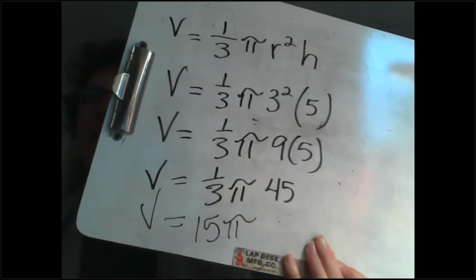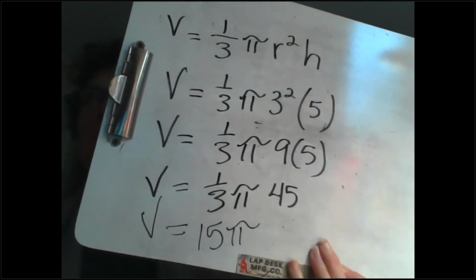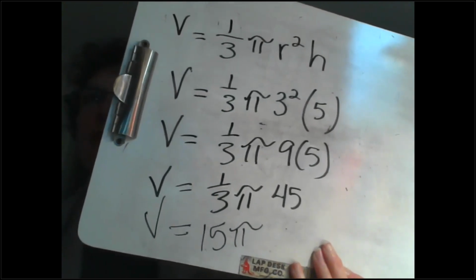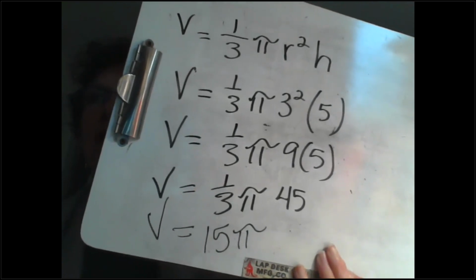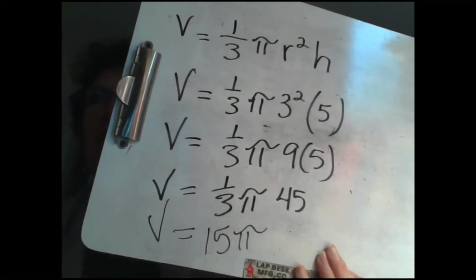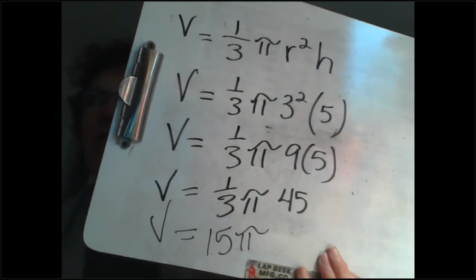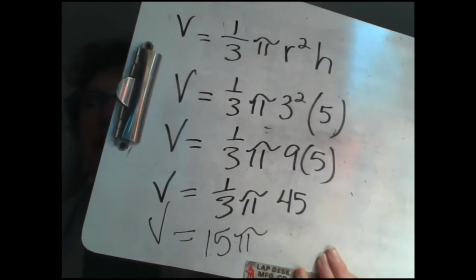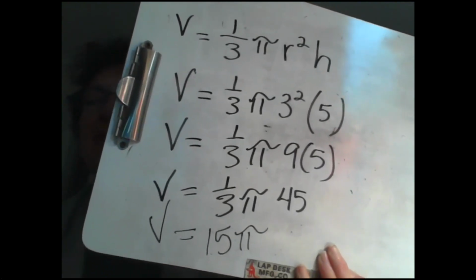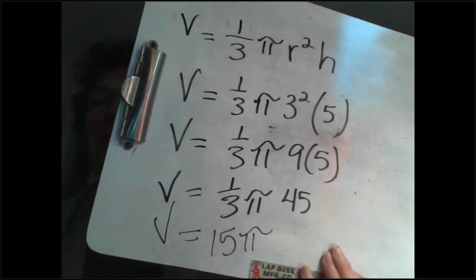That is the acceptable shortcut to use because pi is an irrational number, so it goes on forever. 3.14159. So most of the time, we use 3.14.